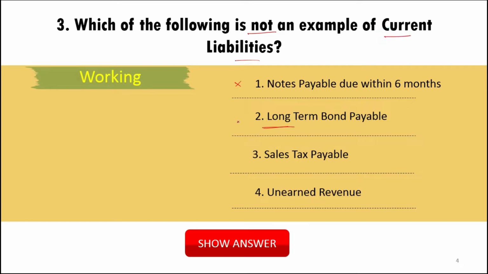So option number 2 is the correct one, but we have to see the other options as well. Sales tax payable, yes, it is a current liability. Unearned revenue is also a current liability. So the one that is not a current liability is long term bonds payable, option number 2.